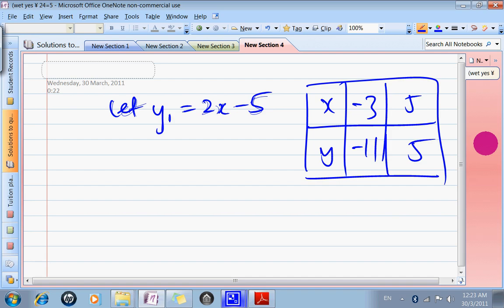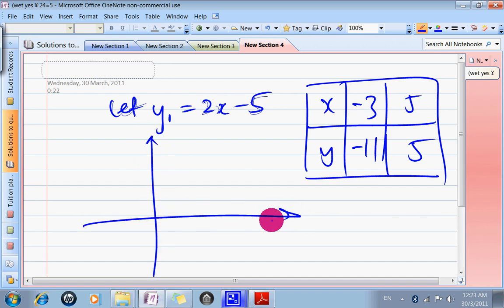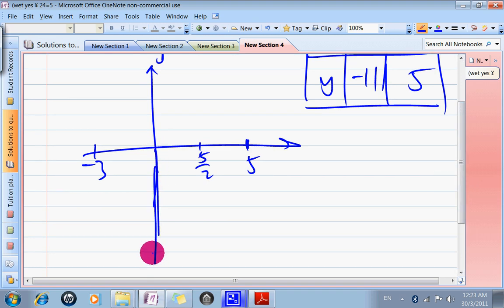So I'm going to draw it. The intercept is at 5 over 2, and we end at 5 and we start at negative 3. So negative 11 and 5.